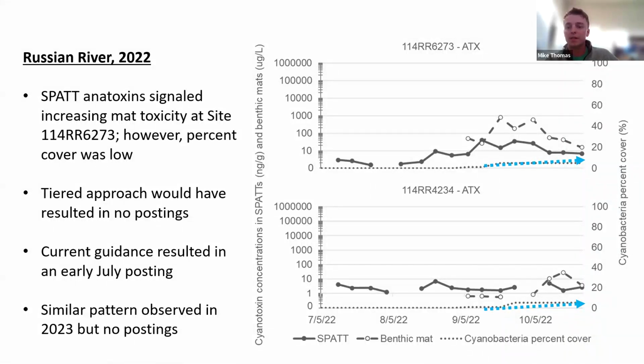However, because it was 2022 and we were operating under the current statewide guidance, the toxic algae alert was recommended at the start of the study due to low detections in spats, which did not necessarily indicate increased health risks at these locations. A similar pattern was observed in the Russian River in 2023. However, no postings were issued under the interim thresholds.